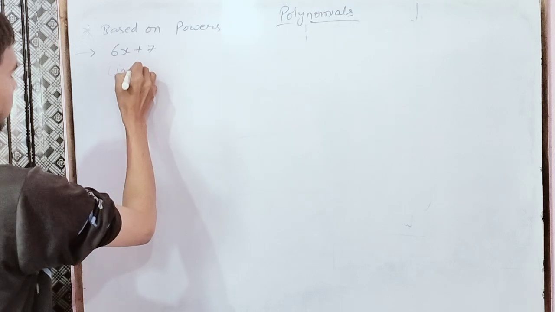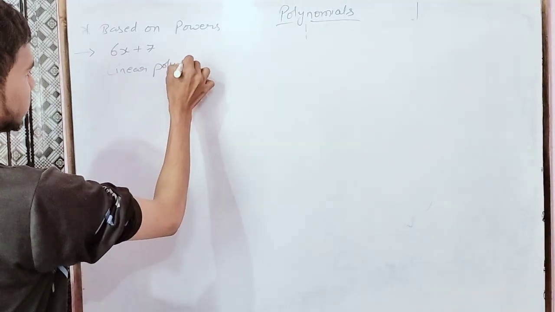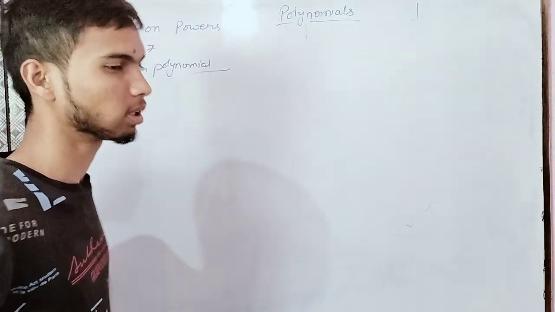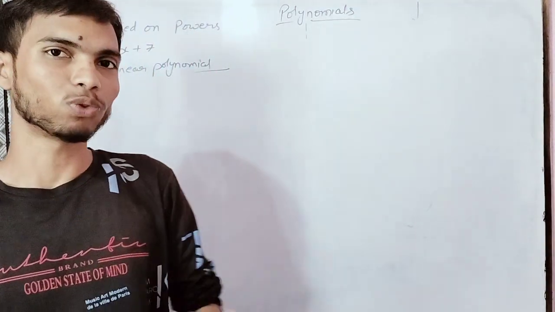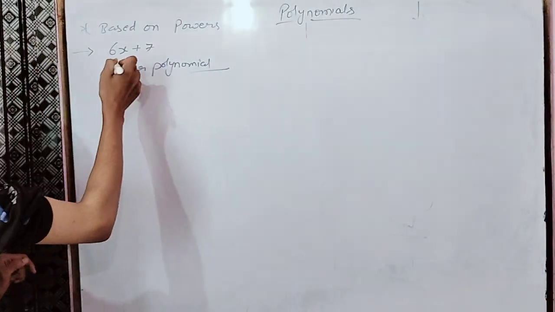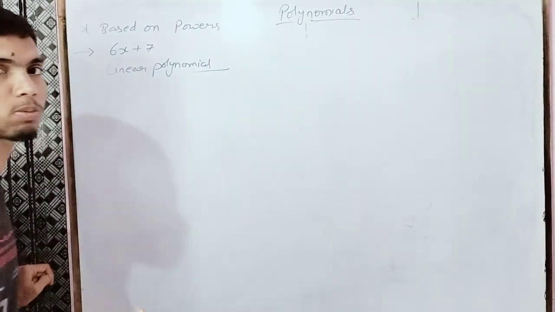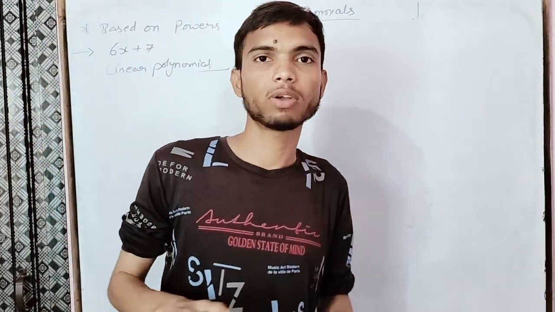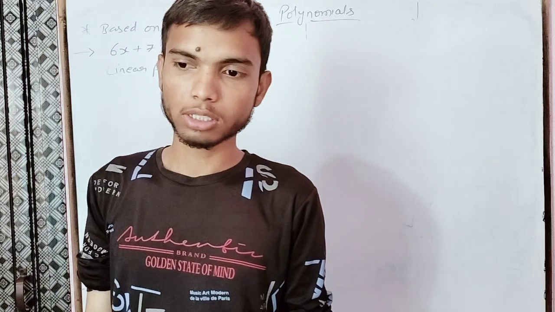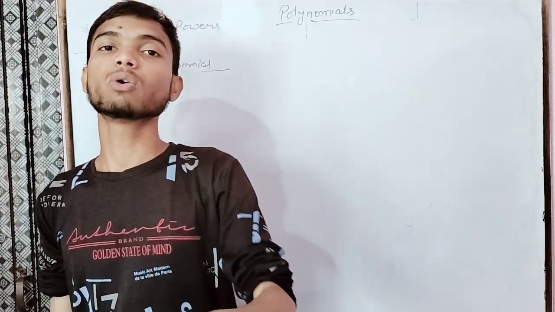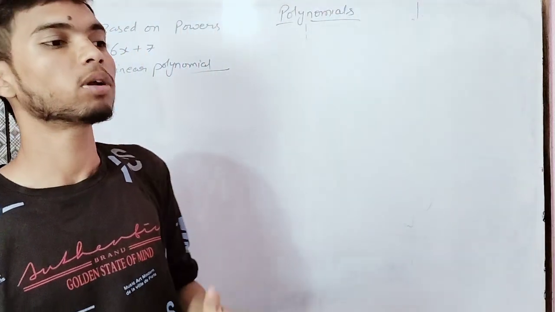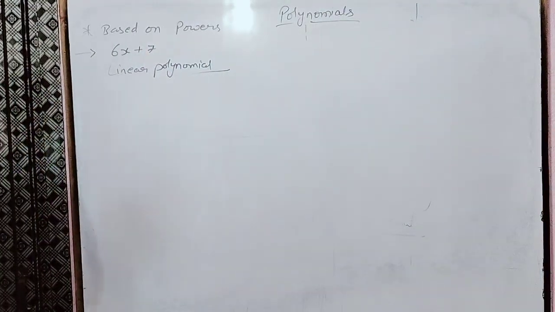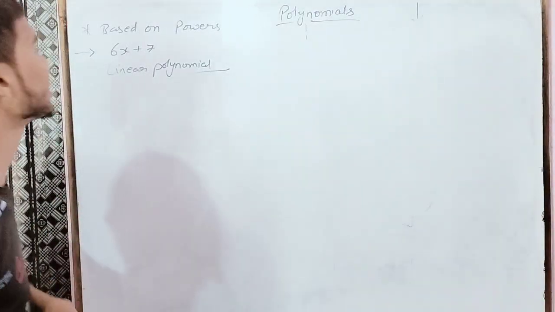The rule is if exponent is 1. So where are you observing? Where is the exponent 1? Exponent should be 1 with a variable, not with a number. So always remember, exponent 1 with a variable will be known as linear polynomial.